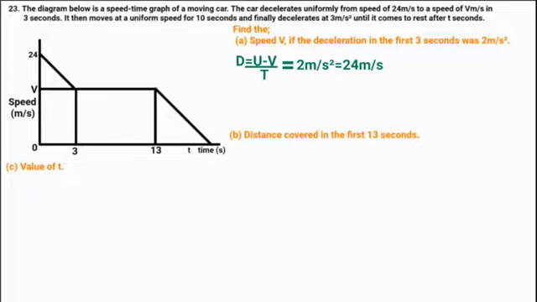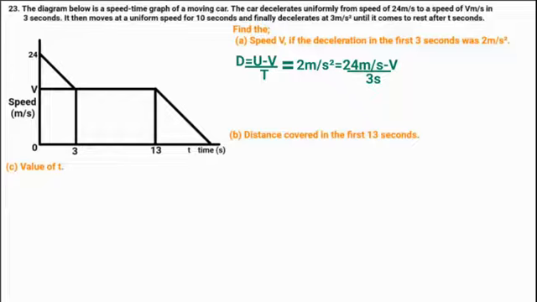The final speed of this vehicle after deceleration for 3 seconds is in here and we don't know it. It's the one we want to find. So we write 24 meters per second minus the final speed, divided over time. The time we are told is 3 seconds, so it's over 3 seconds.